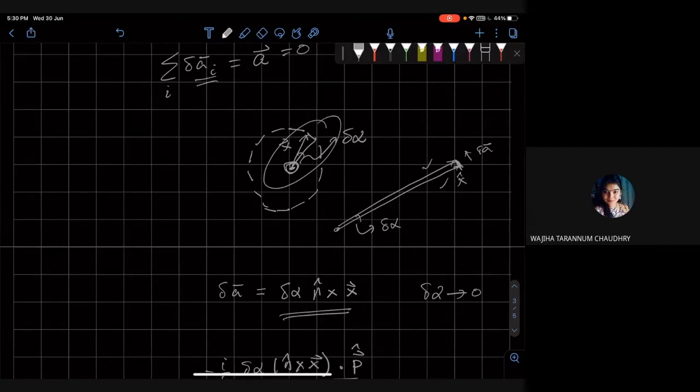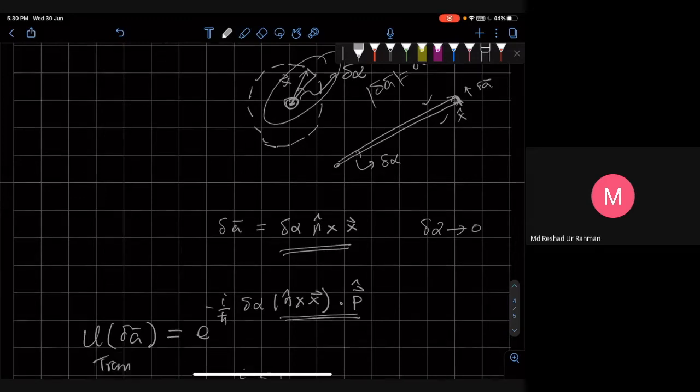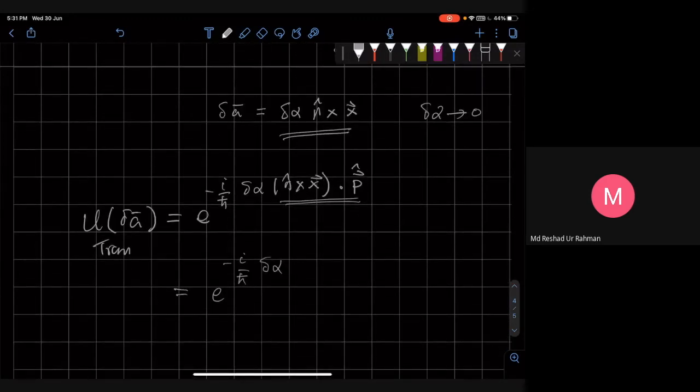The length of this thing is delta alpha times the modulus of x, which is the modulus of delta A. This is the arc length formula, whose more famous version is S equals R theta: arc length equals the radius times the angle subtended, expressed in radians.